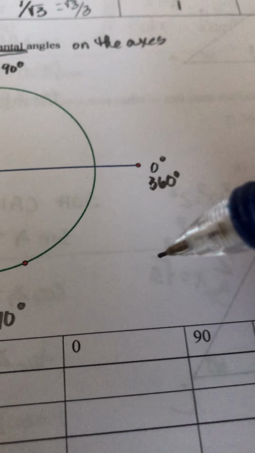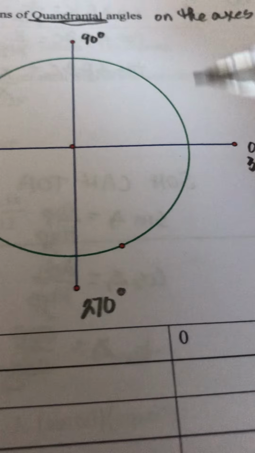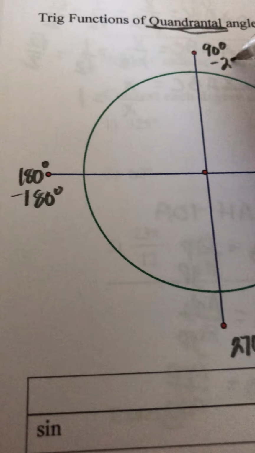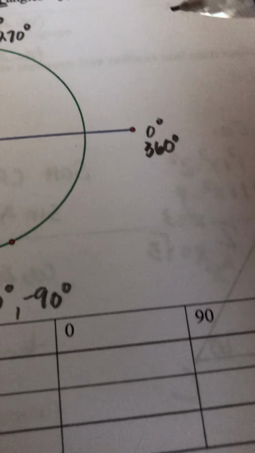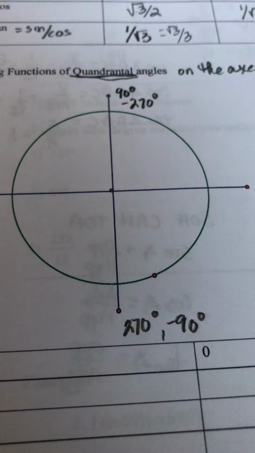And if we were to go around clockwise instead of counterclockwise, 270 would also be negative 90, 180 would be negative 180, 90 would be negative 270, and 0 would also be negative 360.